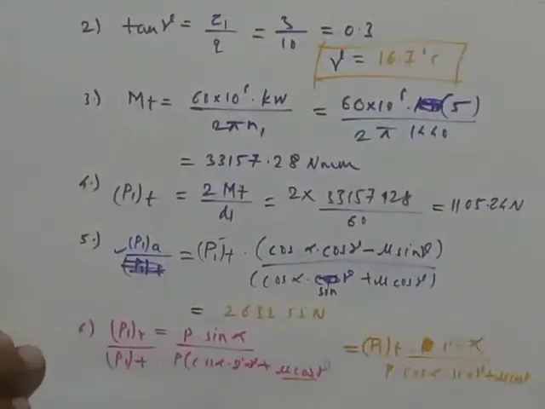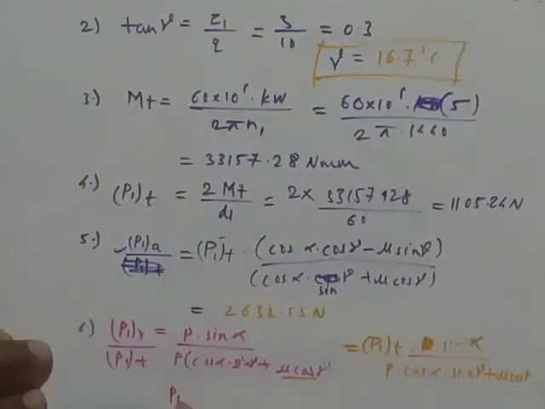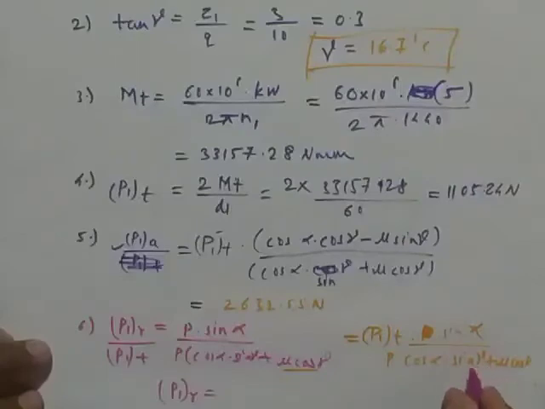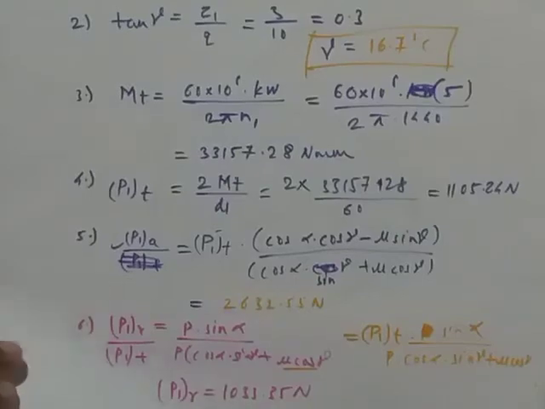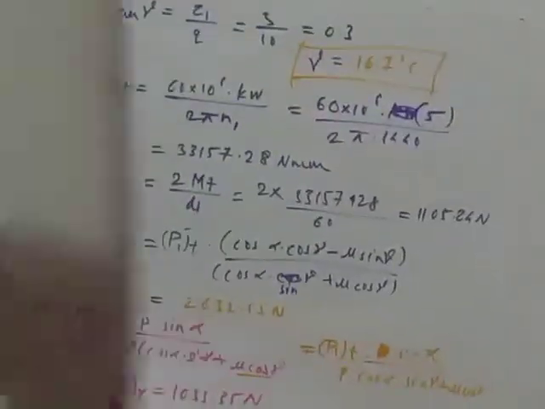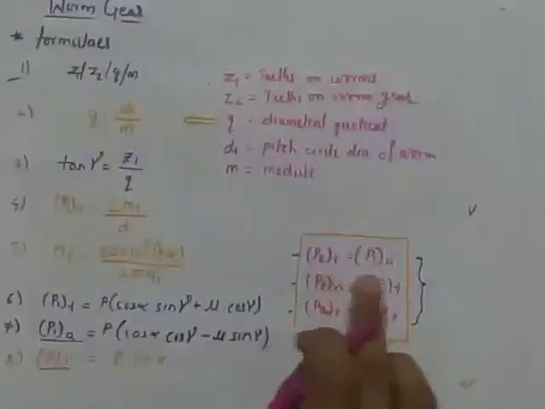Substituting the values of alpha, gamma which we have found out, and P1T which we know, we can find out P1R. That is 1033.35 Newton.